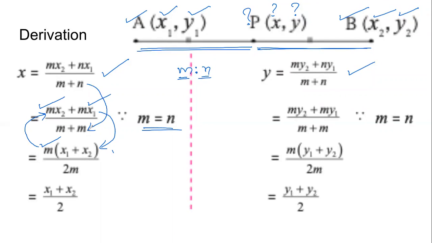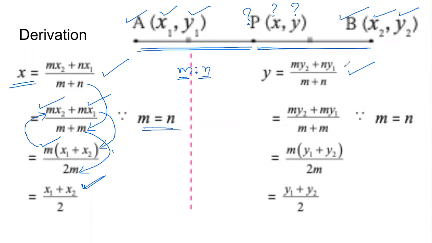And then m plus m is 2m. Now we have a factor m in the numerator and a factor m in the denominator, m divided by m is 1. So what is left is x1 plus x2 by 2. The same thing happens in the formula for y.